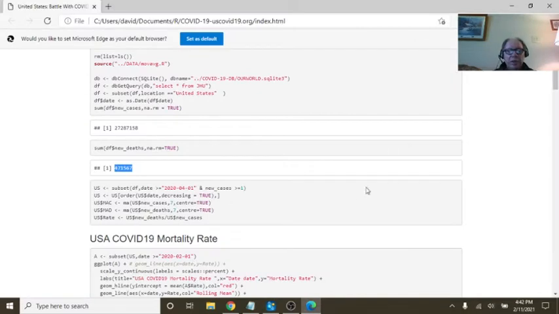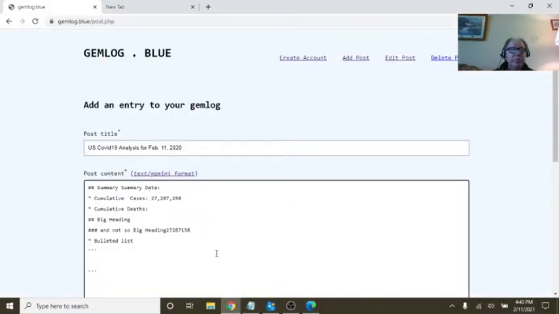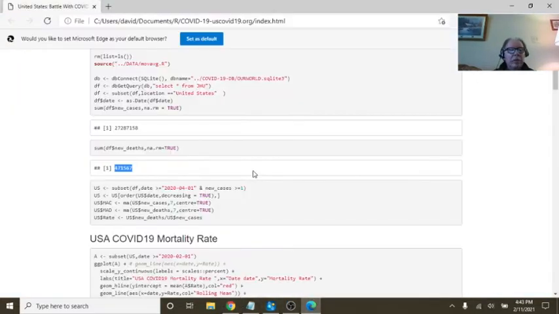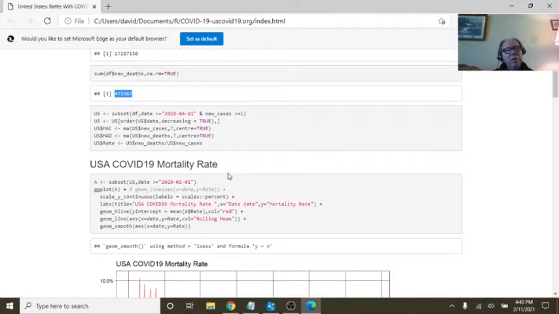I keep clicking on the wrong thing here. Cumulative deaths. Do I have average deaths here?